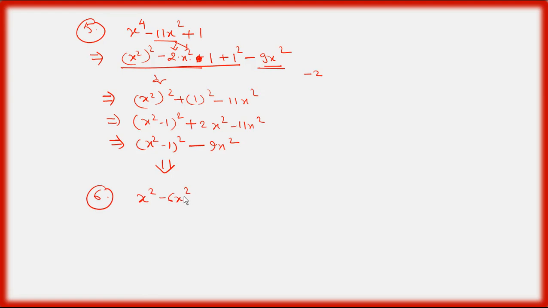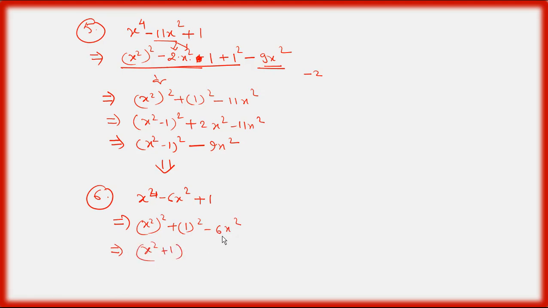Now problem number 6, dear students. x^4 minus 6x square plus 1. In this case, what can we do? x square whole square plus 1 whole square minus 6x square.